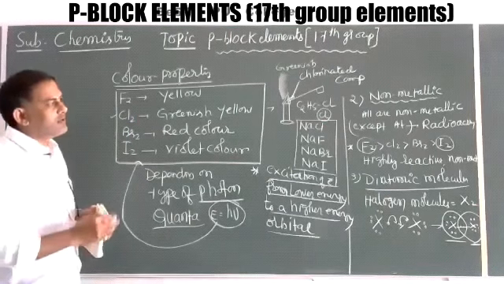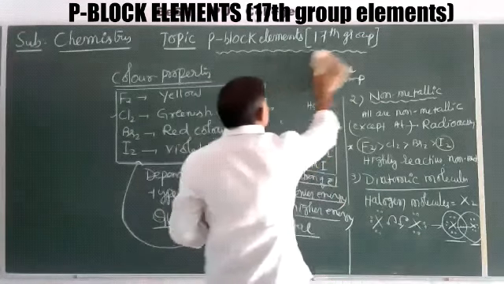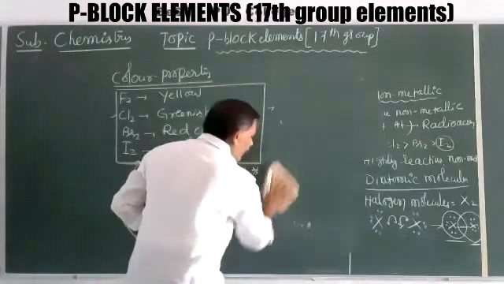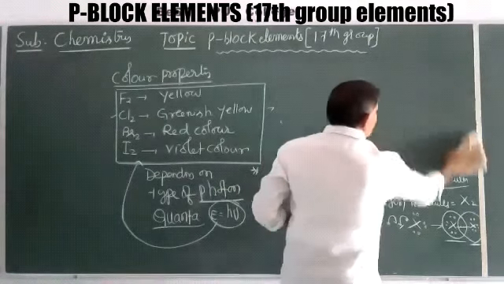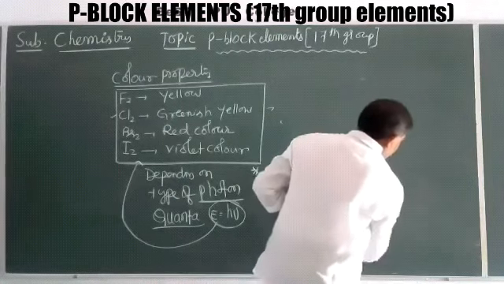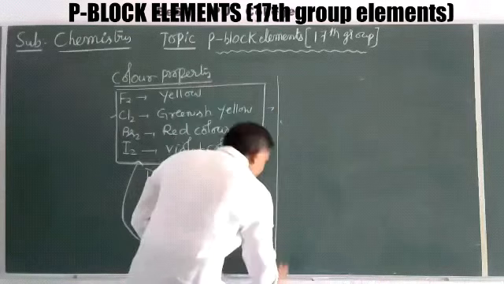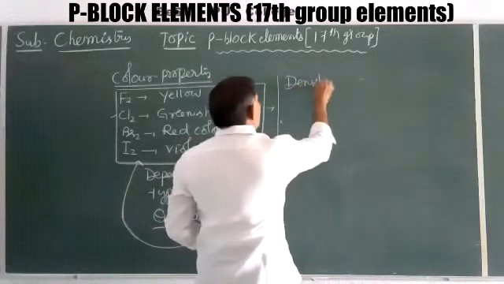The next one is some important simple points about 17th group elements: density, melting points, boiling points, bond dissociation energy, and solubility. Very, very important. So the next property is the density of 17th group elements.